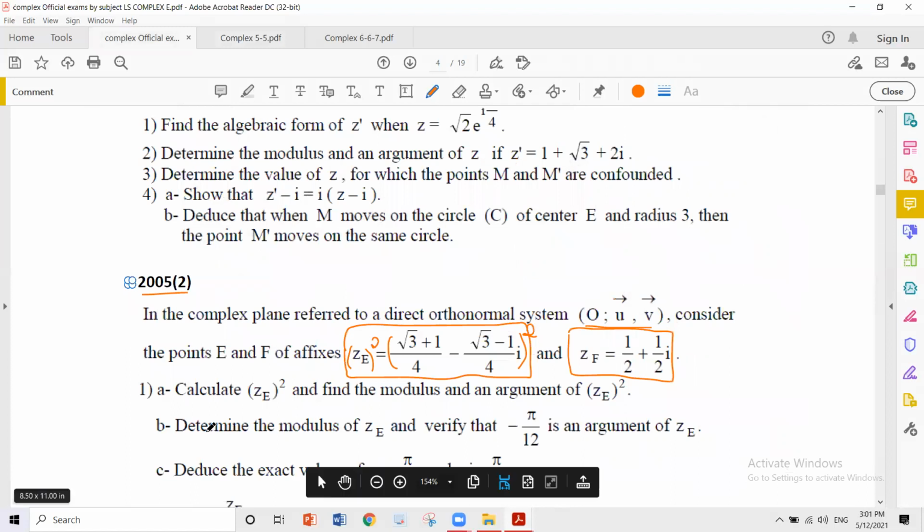Determine the modulus of ZE. How to determine the modulus of ZE?